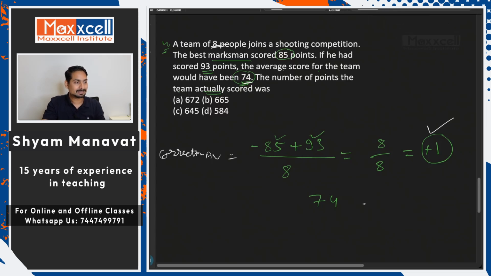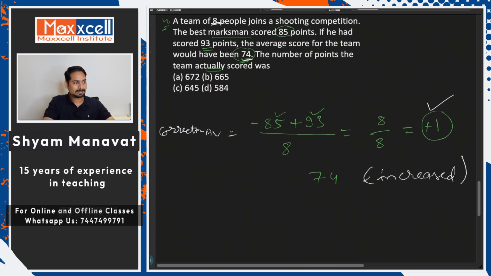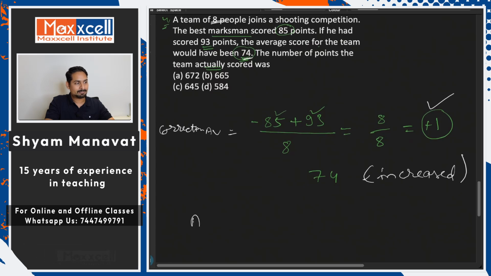This is the increased average as per our observation. That means the actual average must have been 73, 1 less. So the earlier average would have been 73.